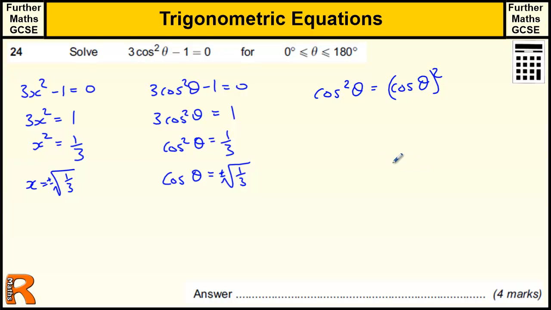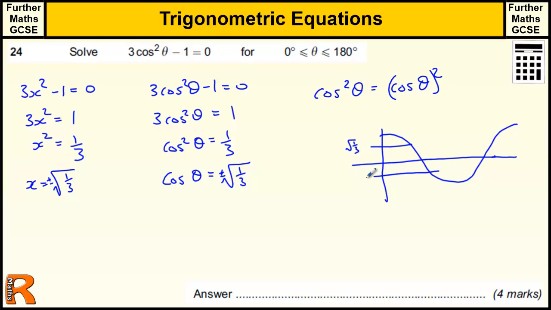Now if we think about a cos graph, I'm just going to do this before I actually do the solutions. It helps if you are familiar with how the cos graph looks when you're trying to find solutions, all solutions between 0 and 180. We have the square root of 1/3 there, and we're looking also for the minus square root of 1/3.